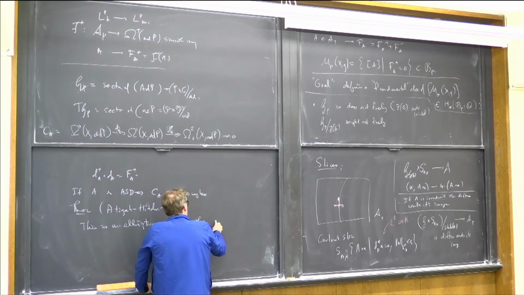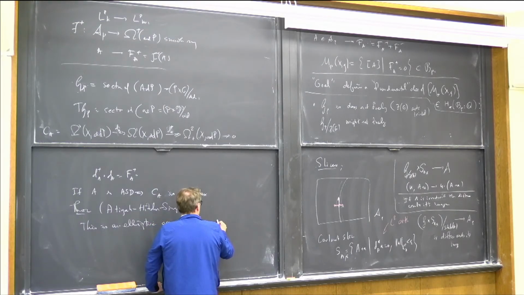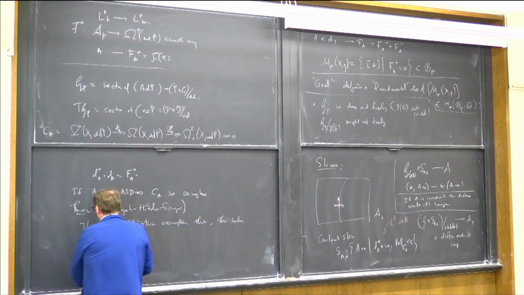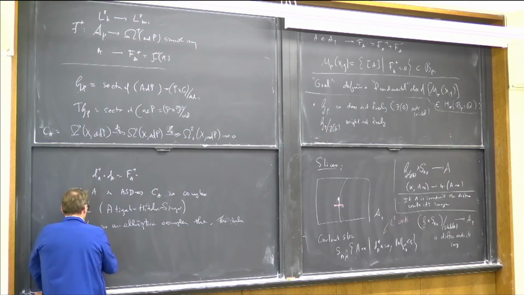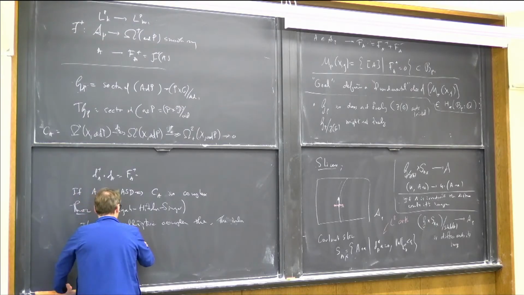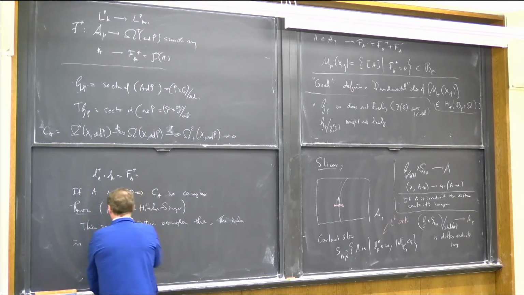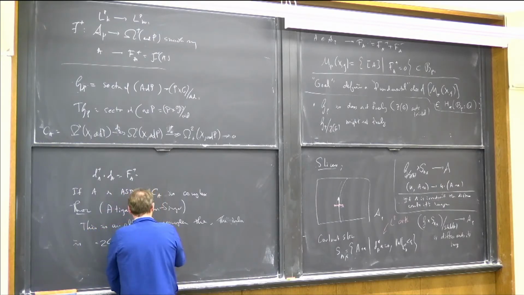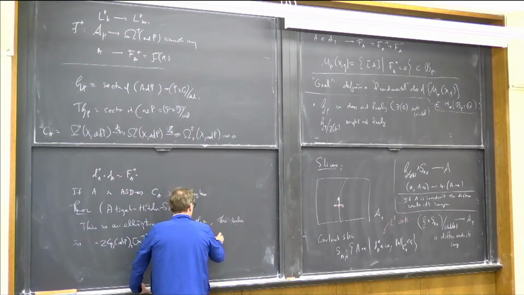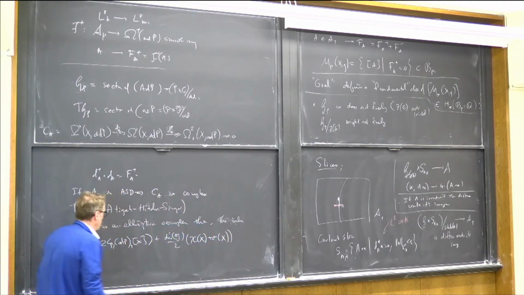The index is 2p1 of ad P evaluated on X, minus 2p1 plus the dimension of the Lie algebra over 2 times the Euler characteristic plus the signature of X.